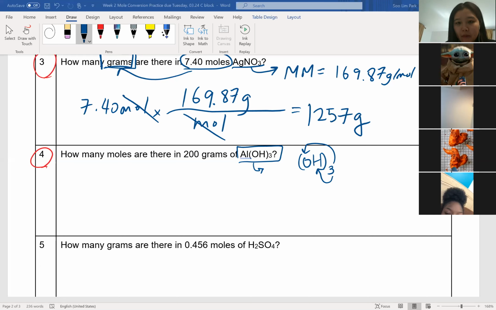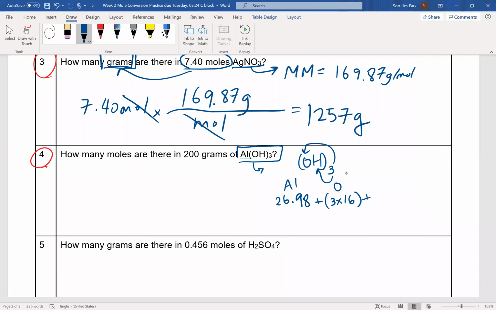All right. Did I change the screen on you guys? Okay. So aluminum is 26.98. Yes. So we have 1 aluminum plus how many oxygens? 3. And then how many hydrogens? 3 hydrogens.